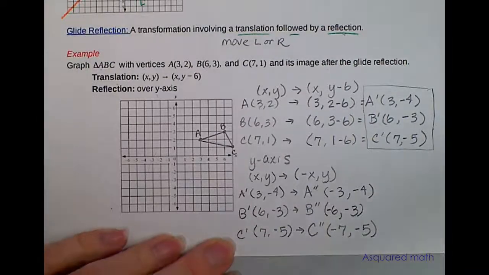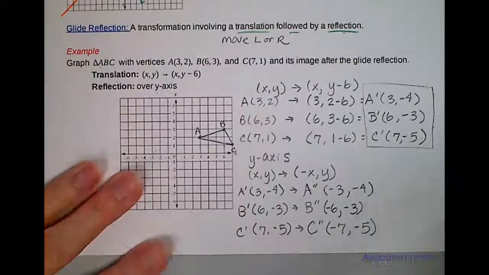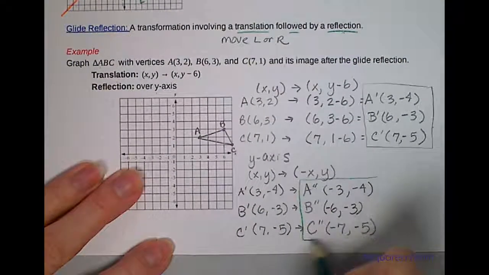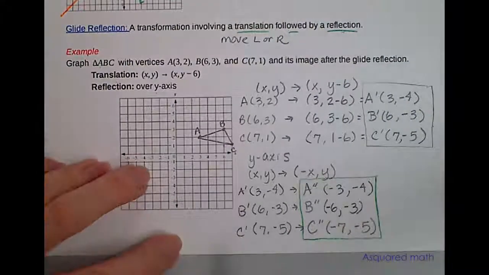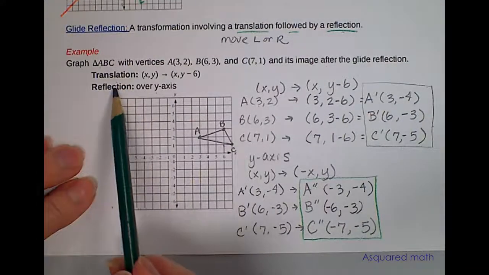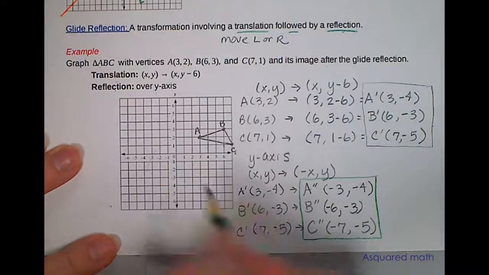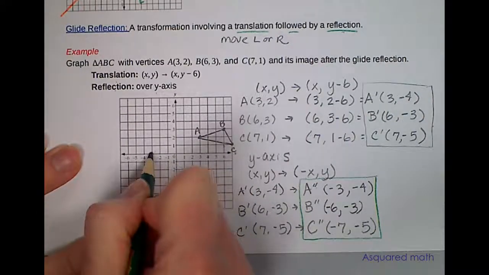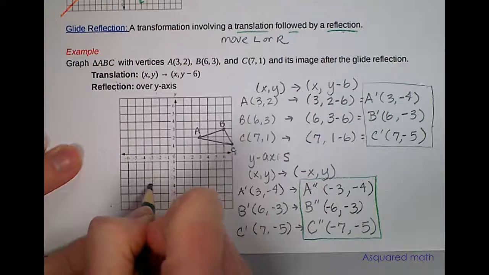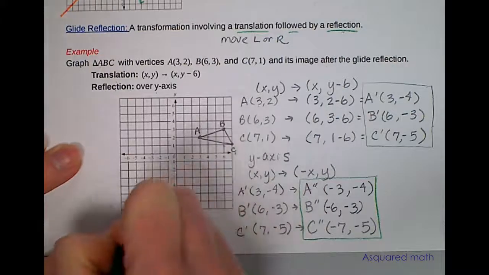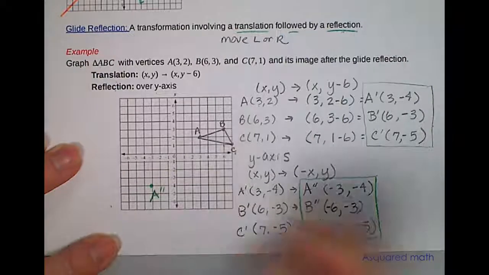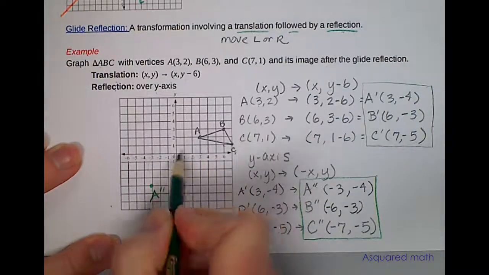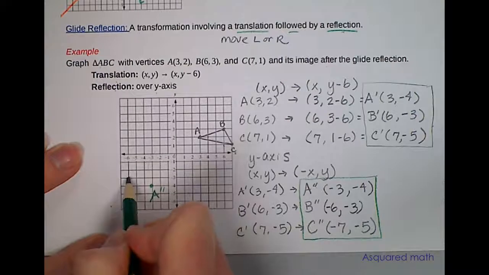And let's plot these points. Plot these 3 points right here, because those are our points after the translation and after the reflection. So A double prime is 3 to the left, 4 down. B double prime is 6 to the left and 3 down.